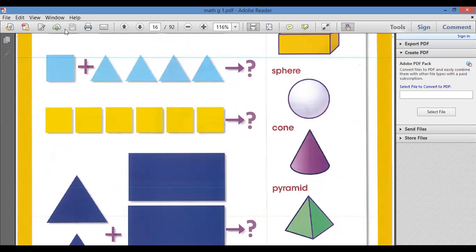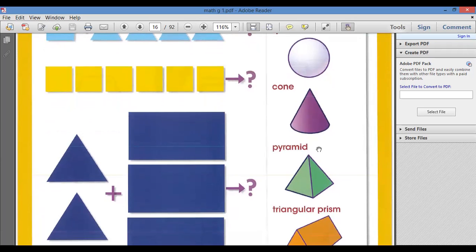It is formed with one square and four triangles. How can we make a pyramid? It is made with one square and four triangles. Four triangles. It makes pyramid.